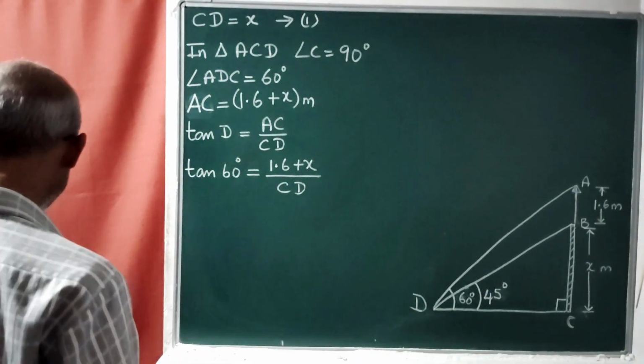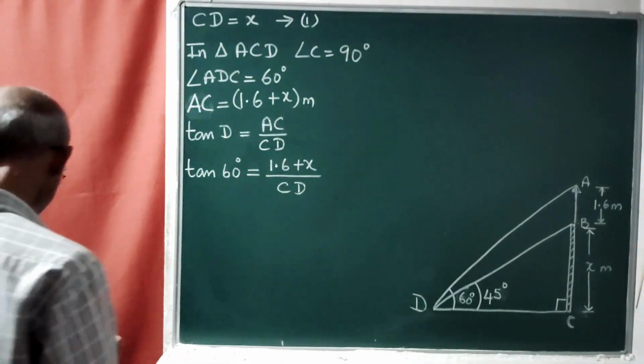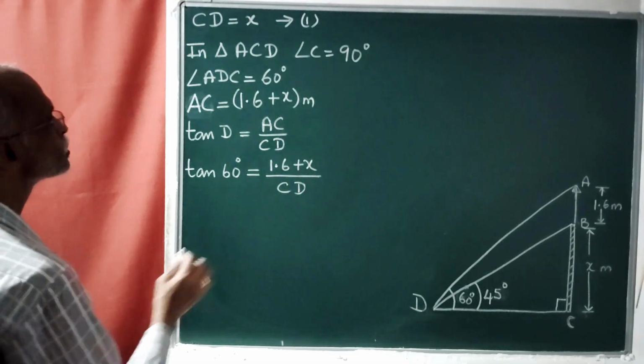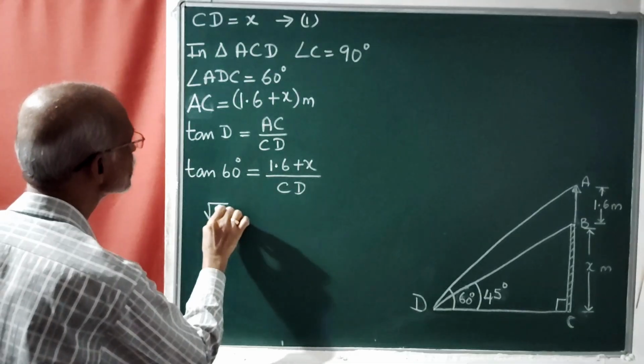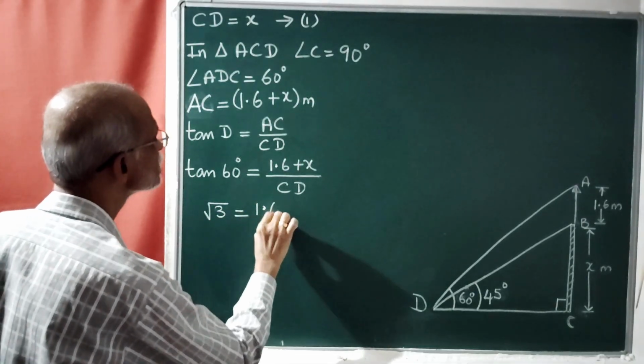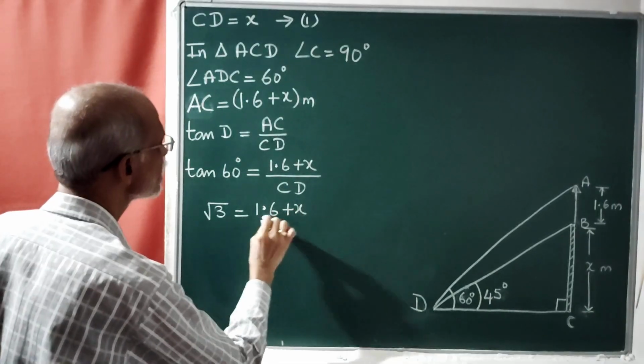Tan 60 is root 3. So root 3 is equal to 1.6 plus x by CD.